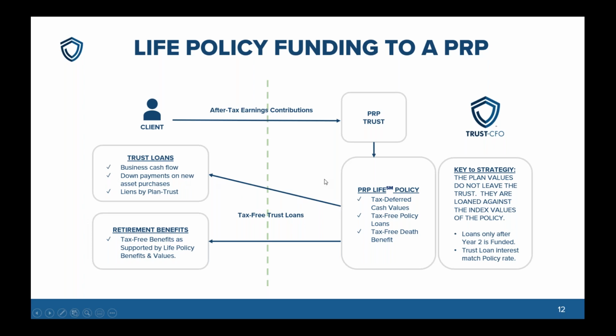No, we've decided that it's a good investment to make, that investment is now a loan that's getting interest, and it's investing in a great asset that's growing faster than the values of the insurance policy. So that's what the arbitrage is about. That's the core model of how to fund a life policy into a PRP and the working components.